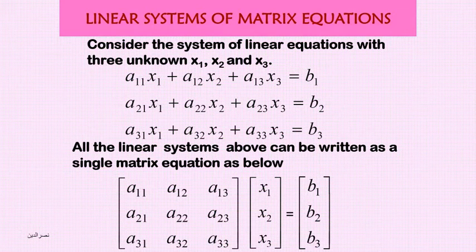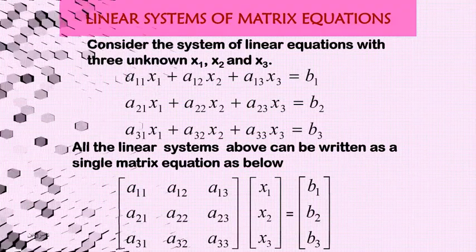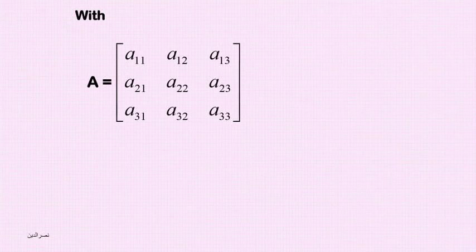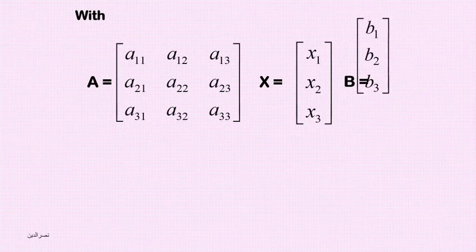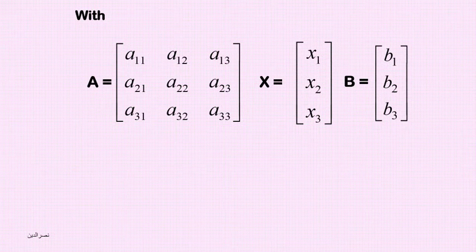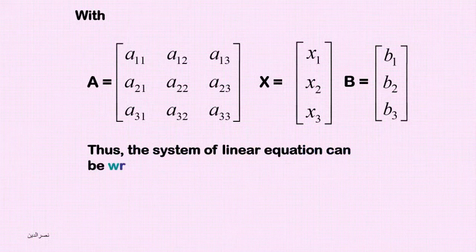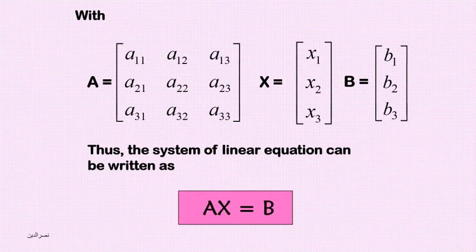So this is our single matrix equation, with A as the coefficients, X as the unknowns, and B as the values on the right hand side. Thus, the system of linear equations can be written as AX equals B.